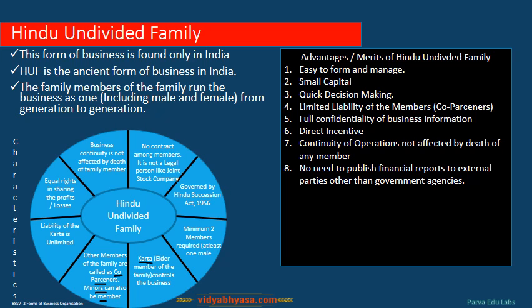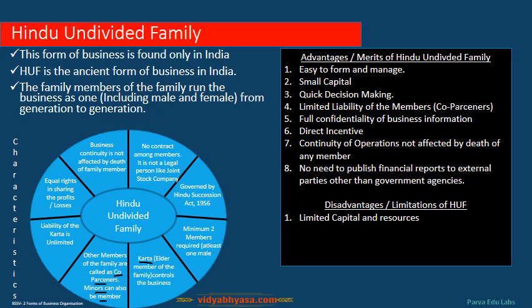Continuity of the business is not affected by the death of any member; the business will keep on continuing. And like a sole proprietor, there is no need to publish financial reports to any external parties. They should be published only to tax authorities and other government agencies.